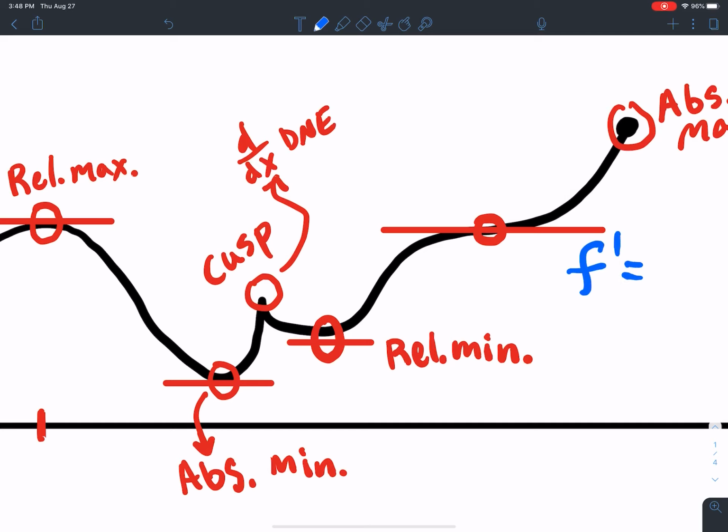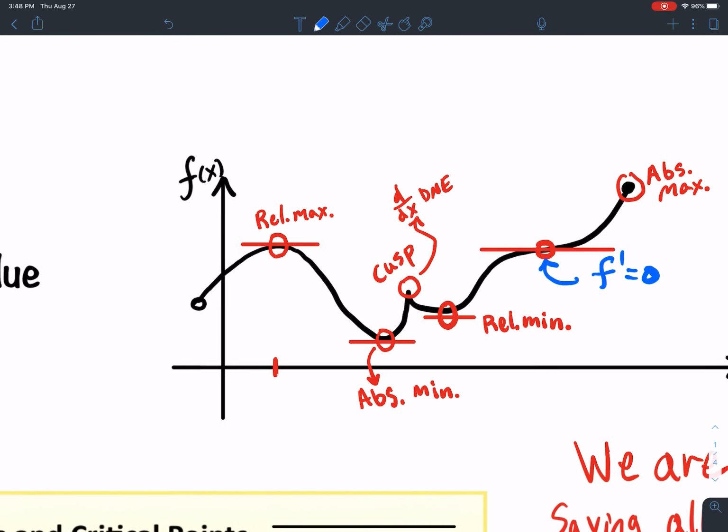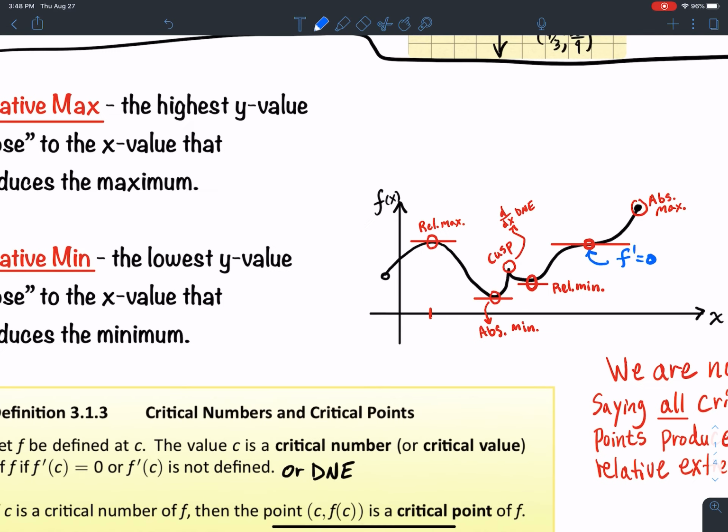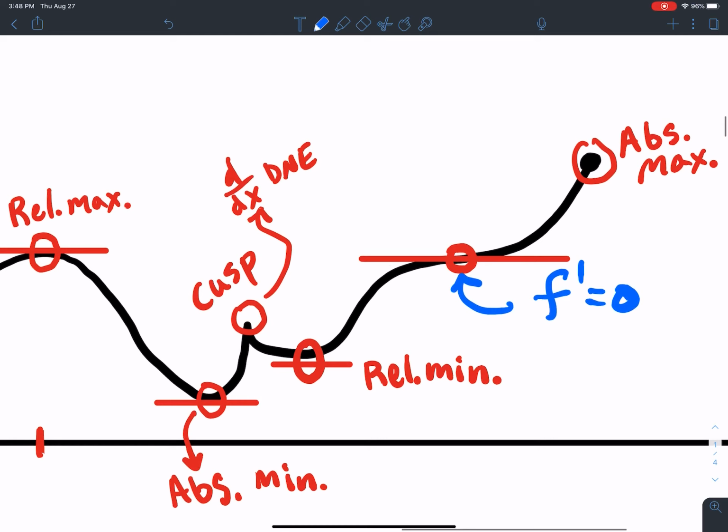The derivative is equal to 0 here, evaluated at this point. Now, is this a critical point? Well, is this a relative maximum or a relative min? If I look at this, values on the right side are bigger and values on the left side are smaller. So it's not a relative max, it's not a relative min.